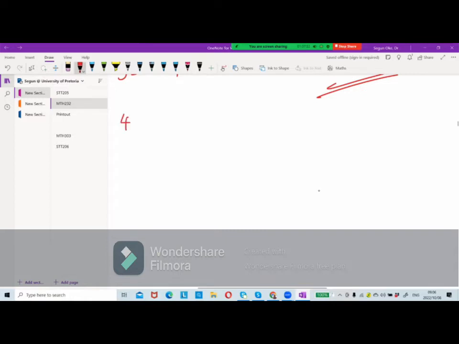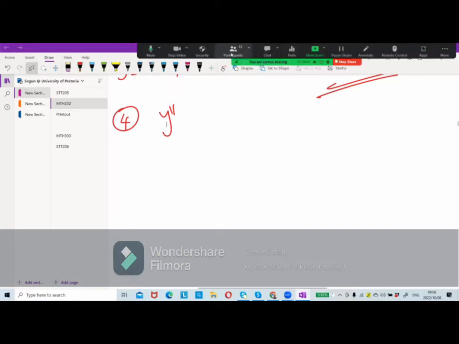Let's say example 4. Let's say we have y prime prime. How many of us have seen this type of question in our exam? Have you seen it? No, sir.